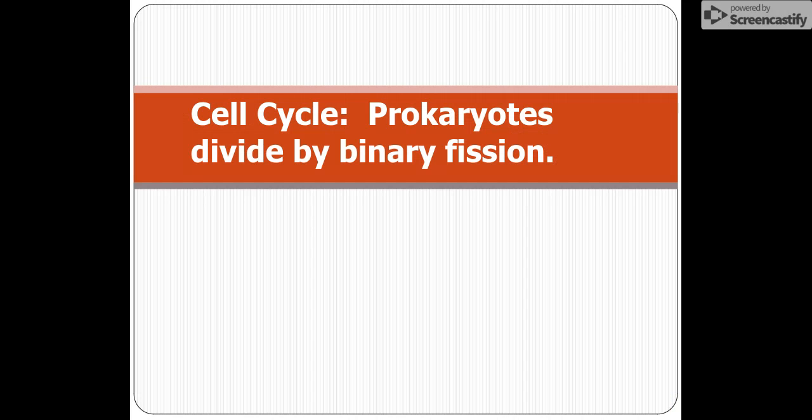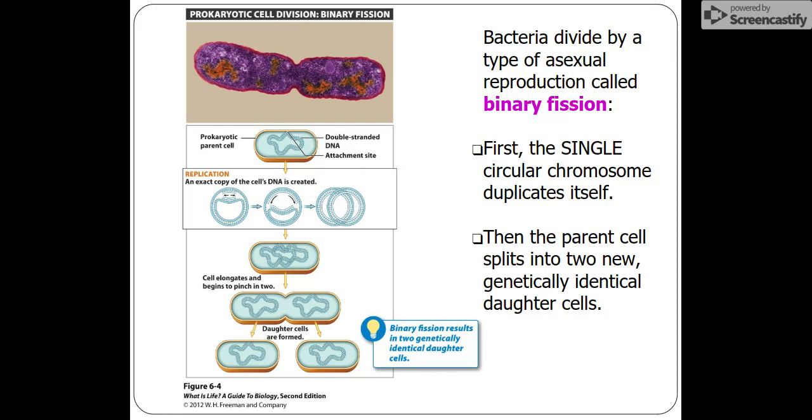Okay? The cell cycle in prokaryotes is simpler than the cell cycle that we see in eukaryotes. We've got this method of replication within prokaryotes that we call binary fission, where we go from one bacterial cell to two bacterial cells. So they will replicate their DNA, okay, through a somewhat similar process to what we talked about.